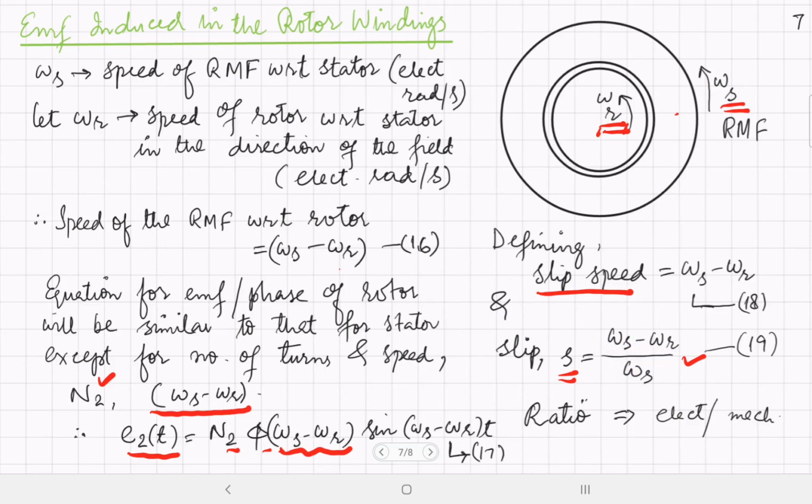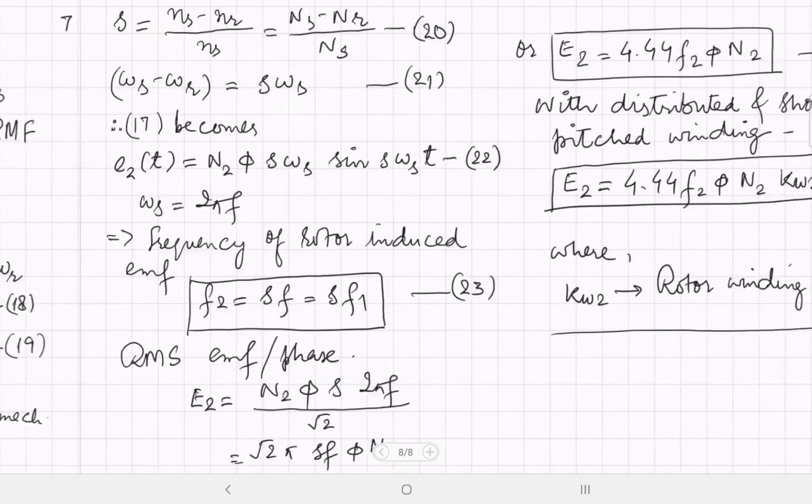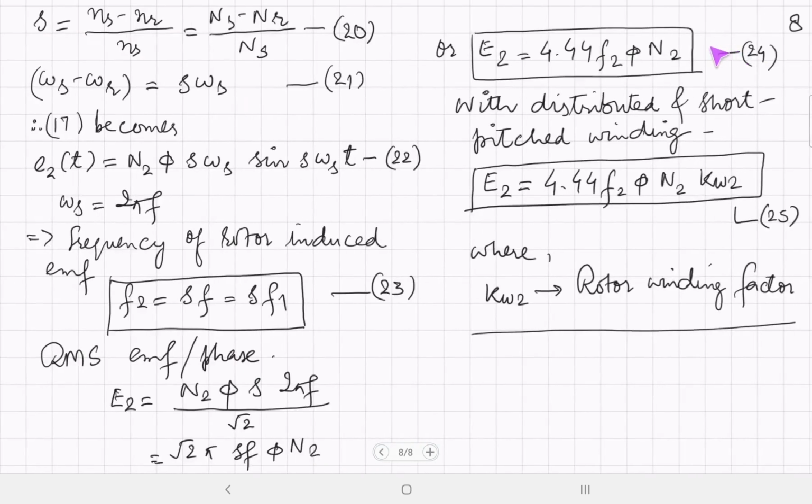Therefore, it can be (ns minus nr) by ns, where these are the speeds in RPS. Or it can also be written as (ns minus nr) by ns, where ns is the synchronous speed in RPM and nr is the rotor speed in RPM.